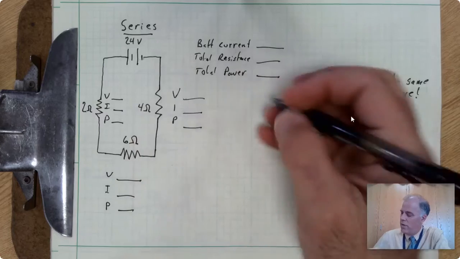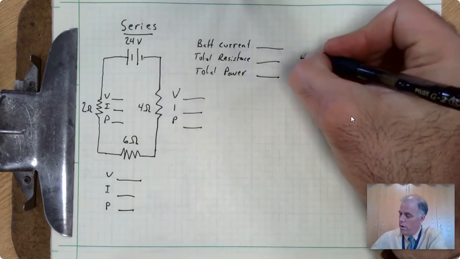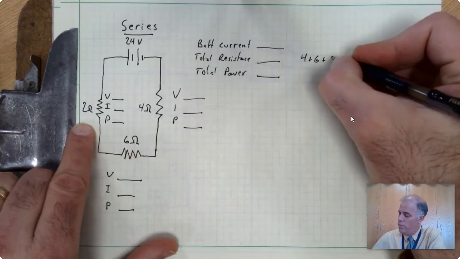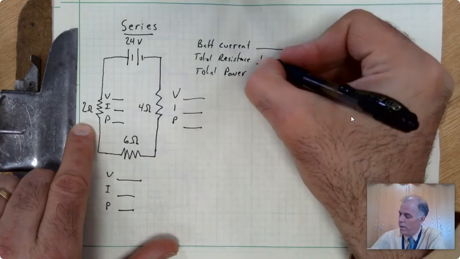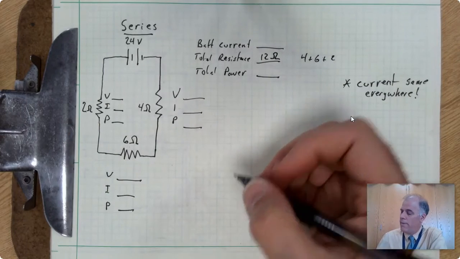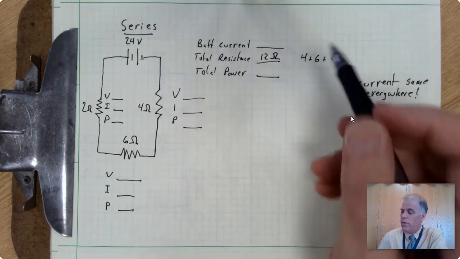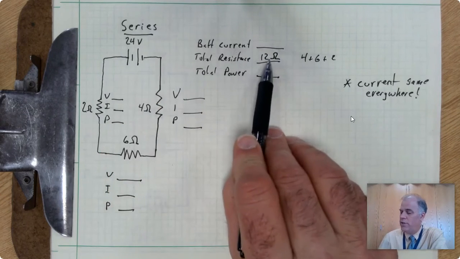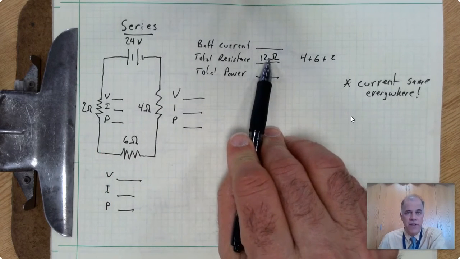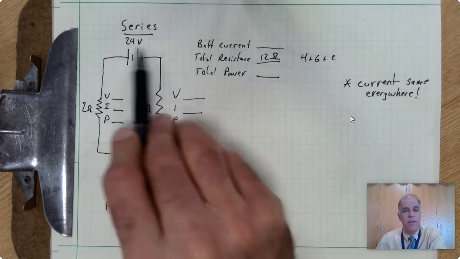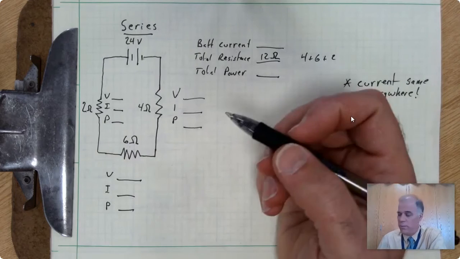And in this case, this is going to be 4 ohms plus 6 ohms plus 2 ohms, which is a total of 12 ohms of resistance. That's the first one that we have. Now, since we have the battery voltage and the resistance that the battery is facing, we can use Ohm's law to figure out how much current the battery can produce under these circumstances.